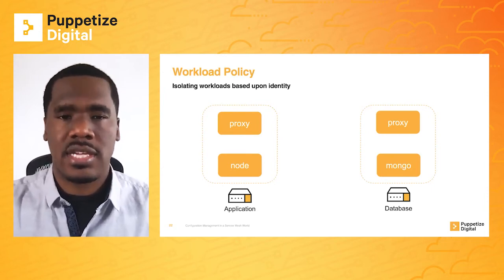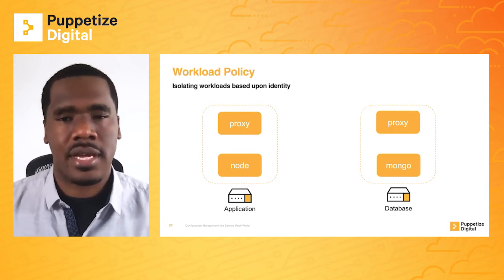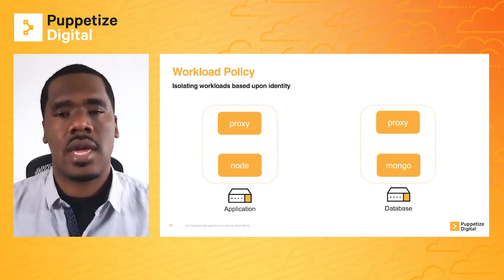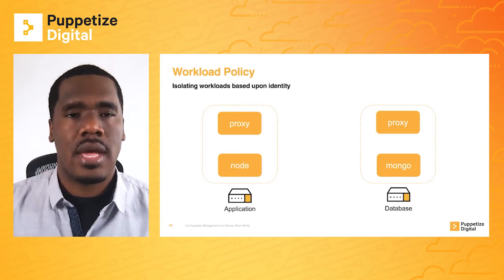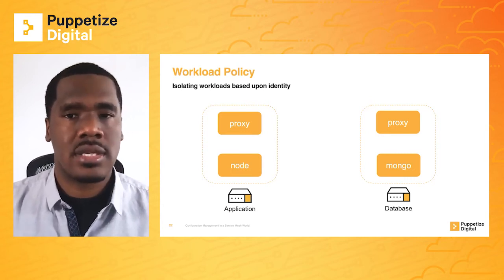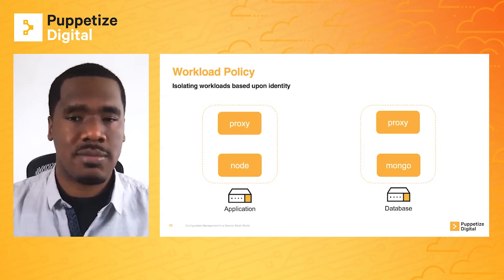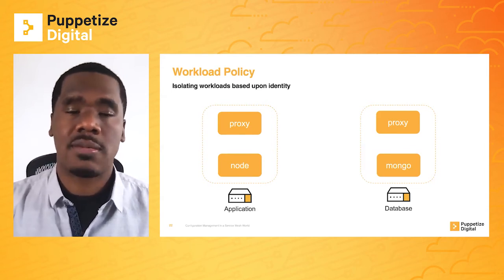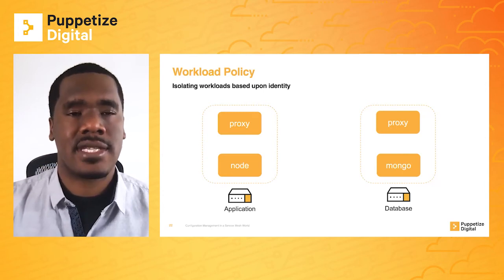And so in this particular case, we might have a Node.js application that needs to talk to a Mongo database. And so in the case of a service mesh, we would leverage proxies to actually handle that communication between our application as well as our database. And that gives us that identity-based authorization or policy capability.